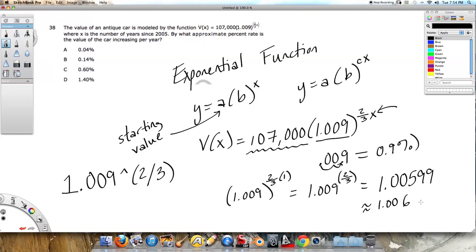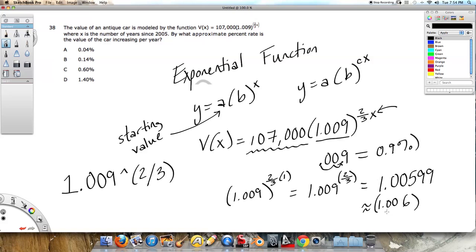That means every year, when you plug in 1 year, the value is going to be multiplied by 1.006. As I said earlier, that 1 represents keeping the value where it is, and anything more than 1 represents the percent of increase.